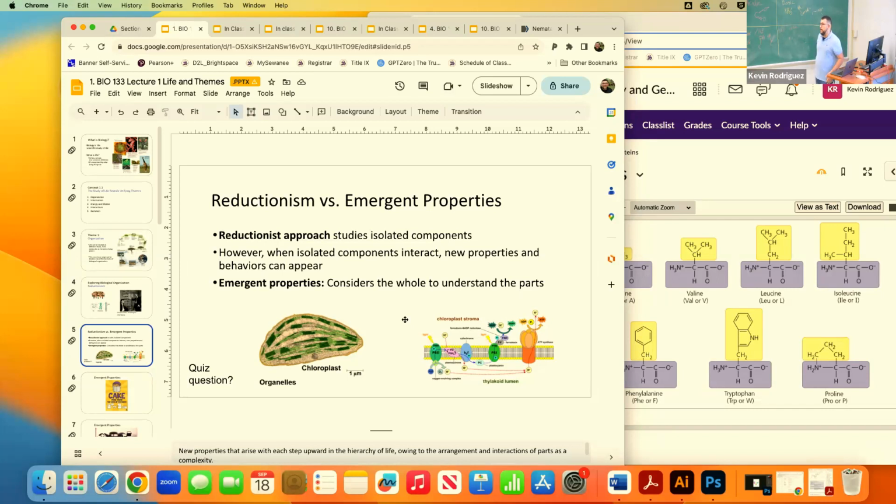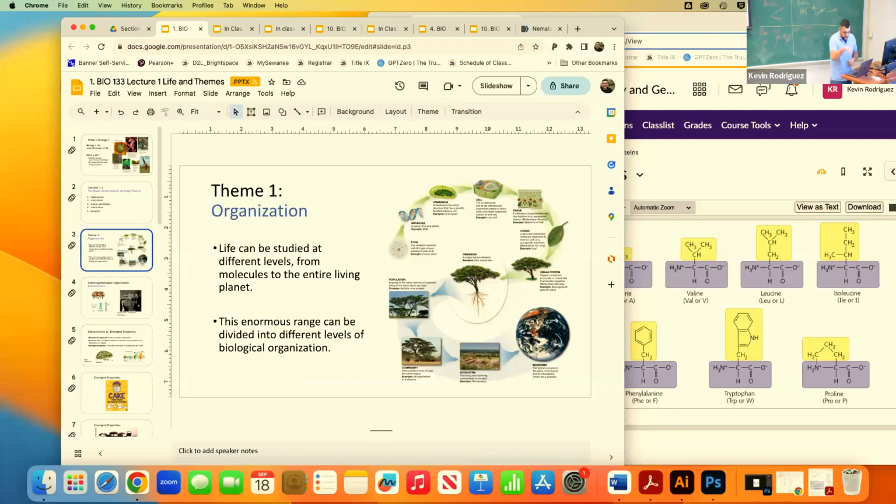Yes. So basically the difference between reductionist and emergent is that the reductionist focuses, like it says, on the isolated components or the specific parts, whereas emergent focuses on the broader properties that come out of the parts. Exactly. So normally when I have this table, in my notes I literally have arrows, right?